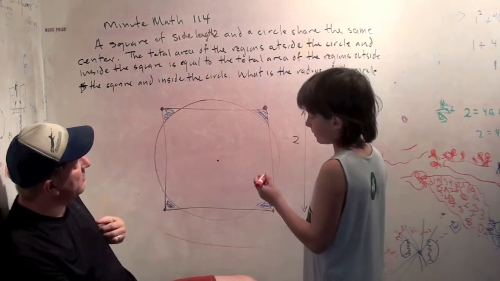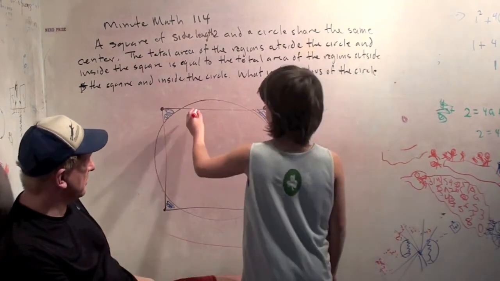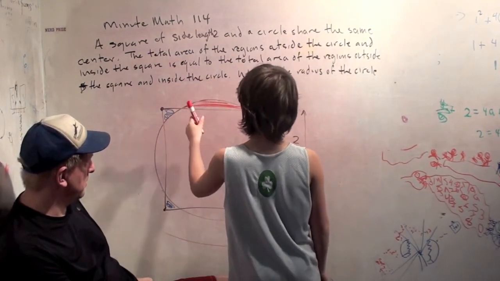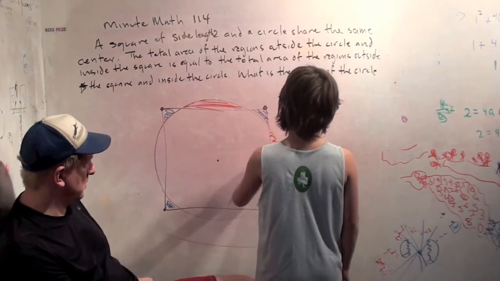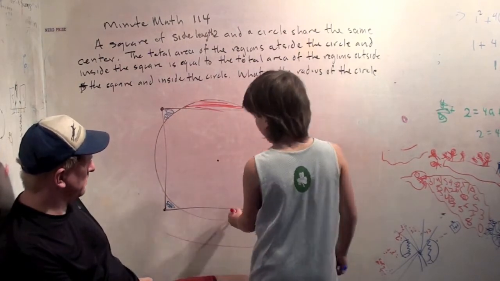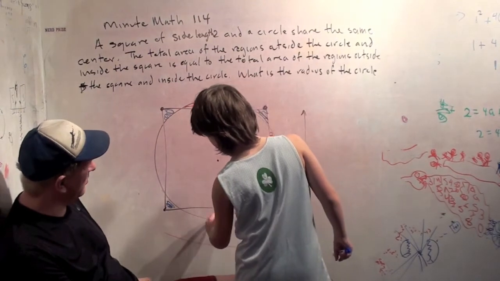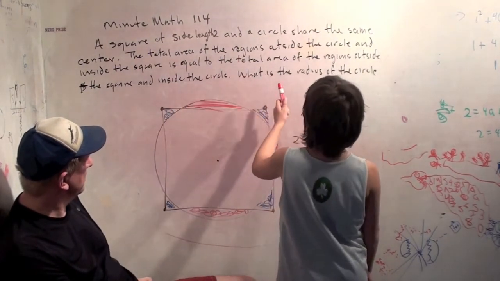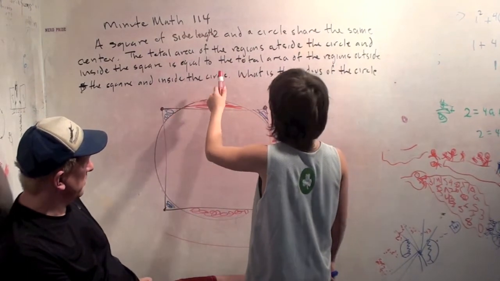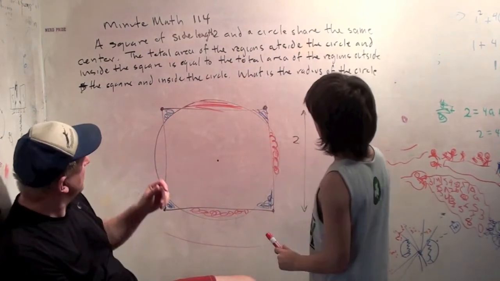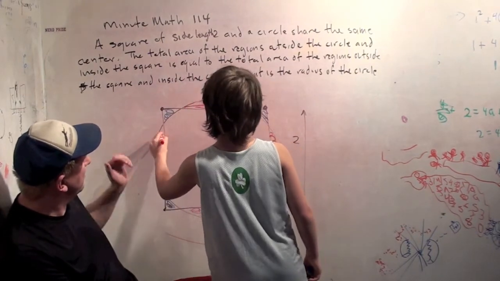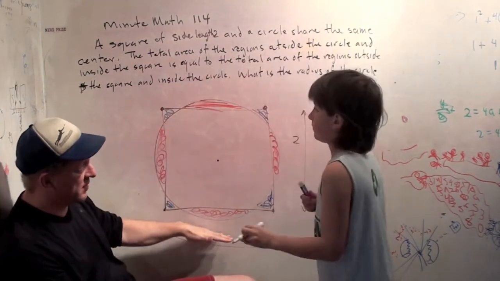Okay. Now what about the regions that are outside the square and inside the circle? What can you tell me about those? Well, they're all the same too. So you notice that these red regions all have the same area, again by symmetry.